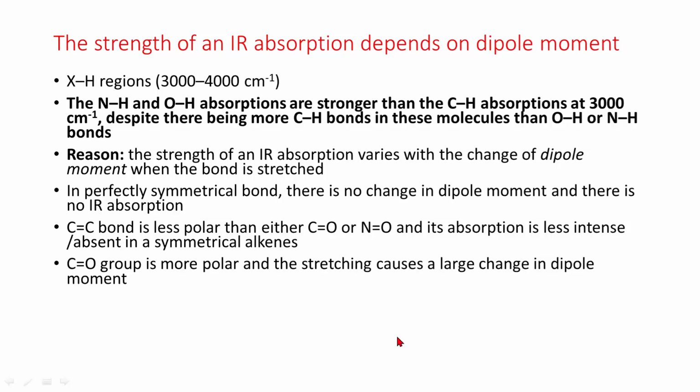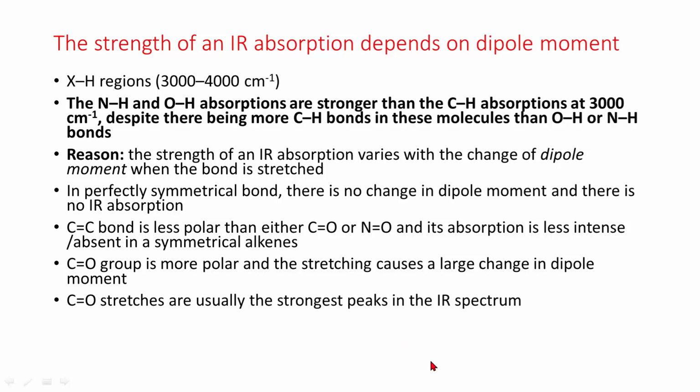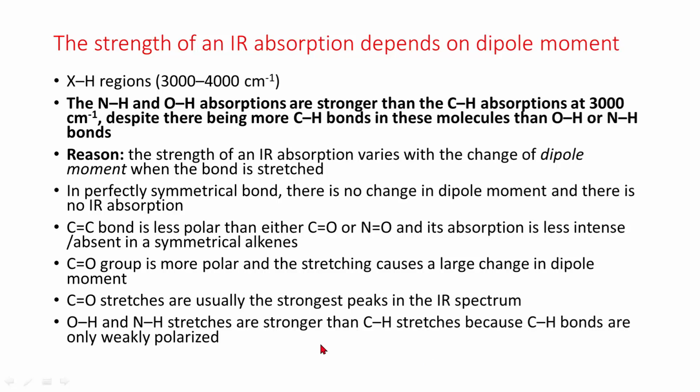C=O group is more polar and the stretching causes a large change in dipole moment. C=O stretches are usually the strongest peaks in the IR spectrum. OH and NH stretches are stronger than CH stretches because CH bonds are weakly polarized.